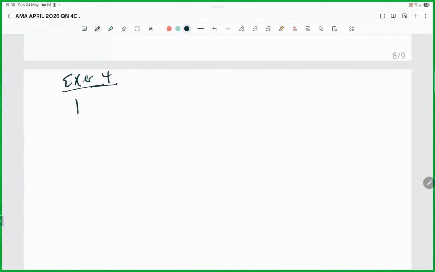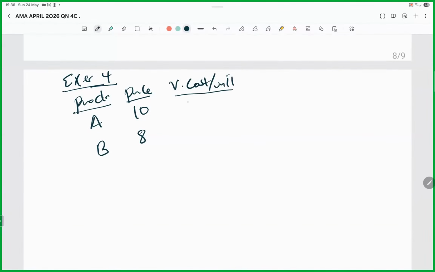So we have our product here. Products A and B. They have given us prices, 10 and 8. They have given us variable cost per unit, 6 and 2.